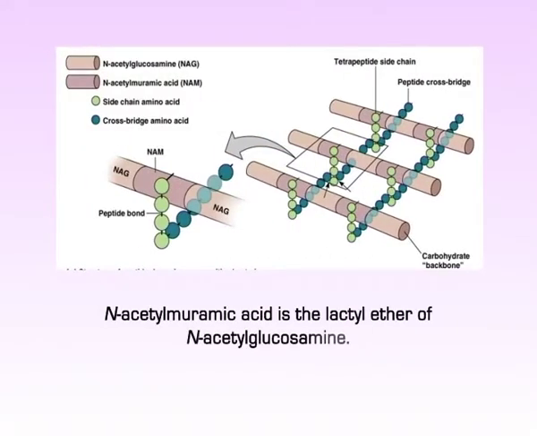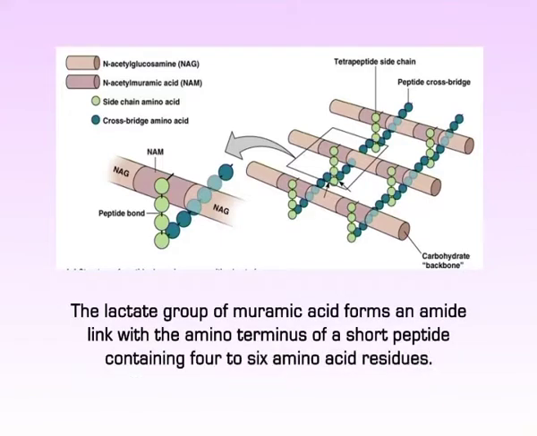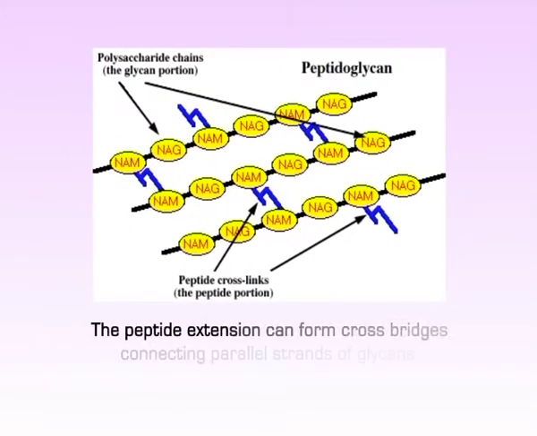N-acetyl muramic acid is the lactyl ether of N-acetyl glucosamine, and the lactate group of the muramic acid forms an amide link with the amino terminus of a short peptide containing 4 to 6 amino acid residues. Further, the peptide extension can form cross bridges connecting these parallel strands of glycans.